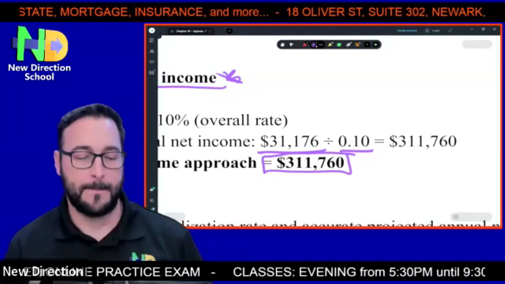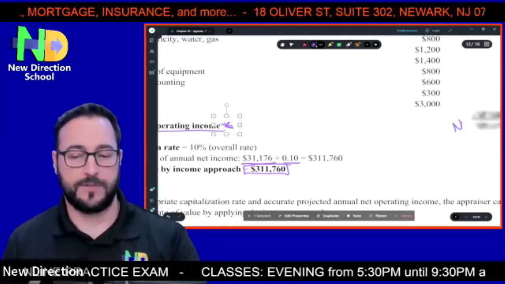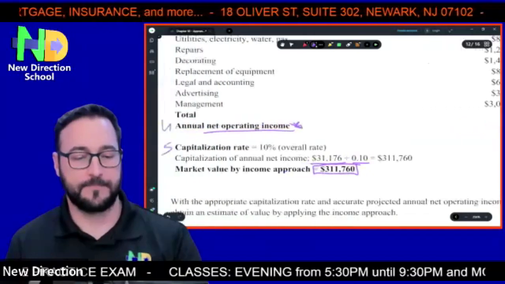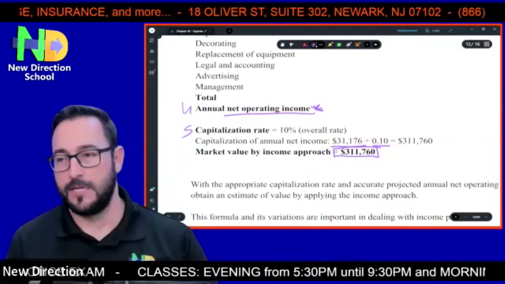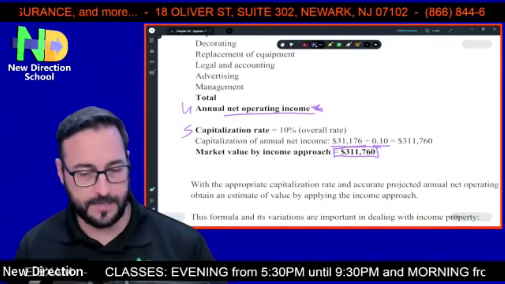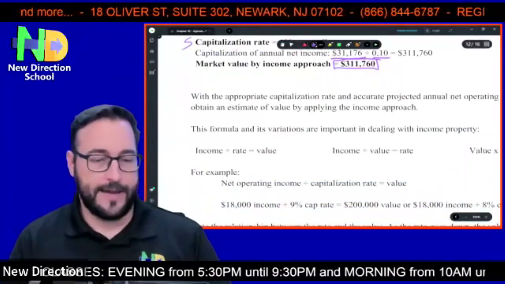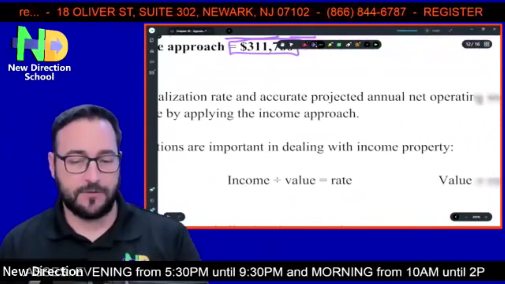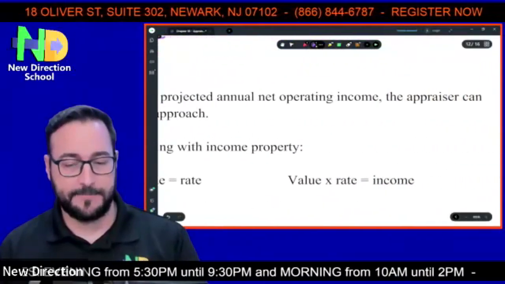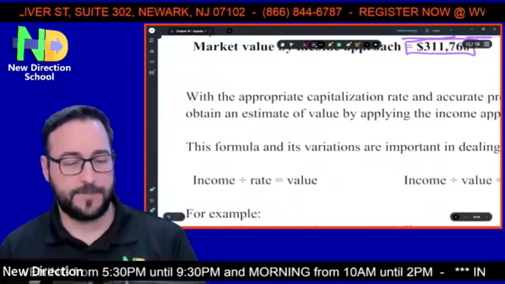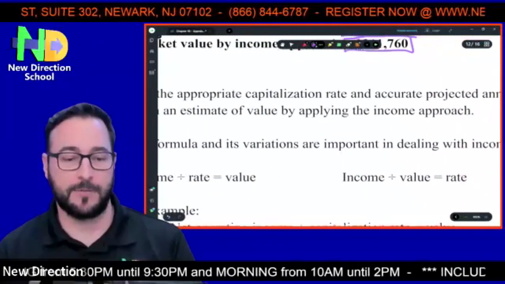It gives me $31,000 clean every year. It's worth 311,000 in this case. Now, with the appropriate capitalization rate and accurate projected annual net income, the appraiser can obtain an estimated value by applying the income approach.